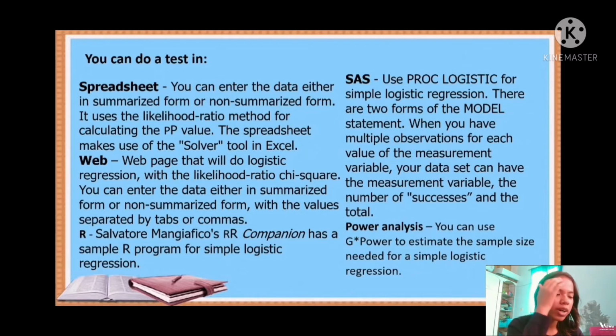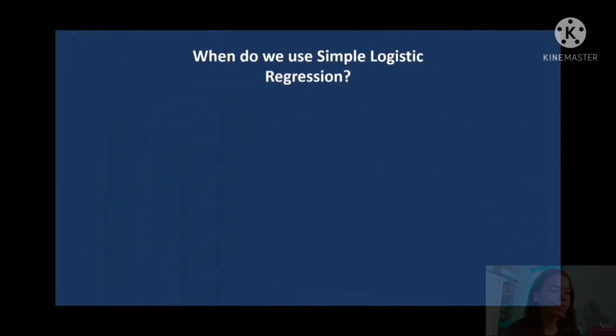Then last, power analysis. You can use G*Power to estimate the sample size needed for a simple logistic regression.